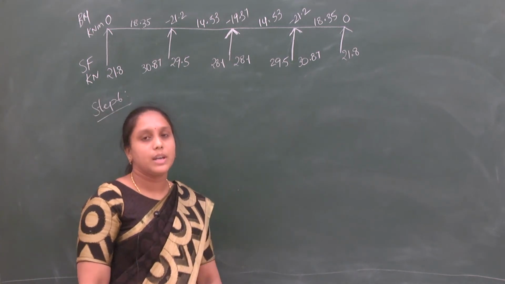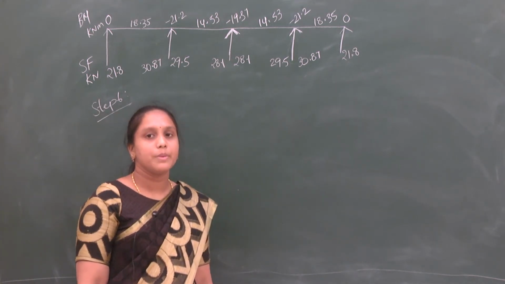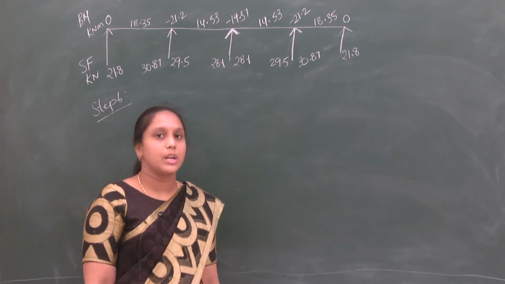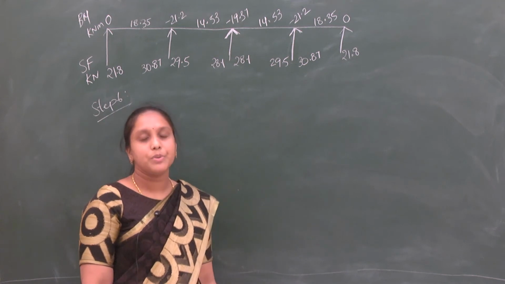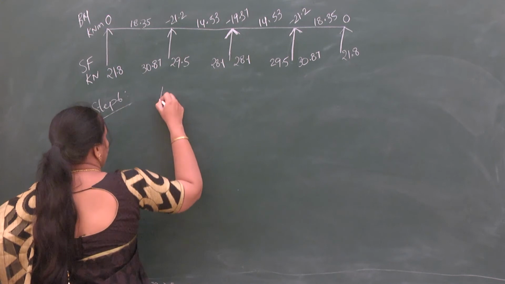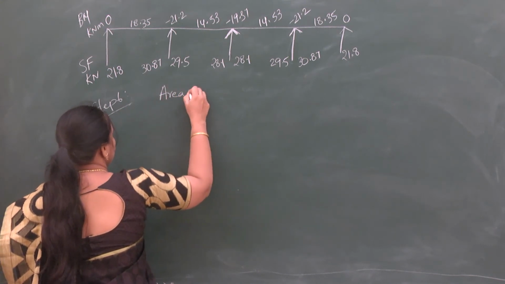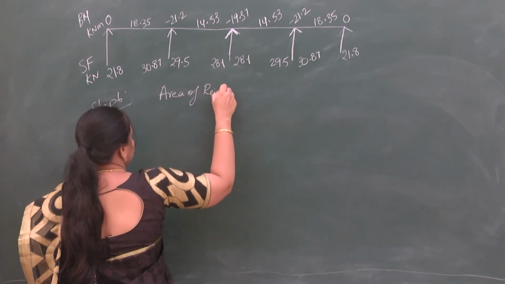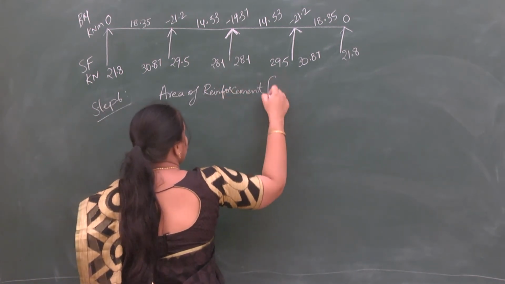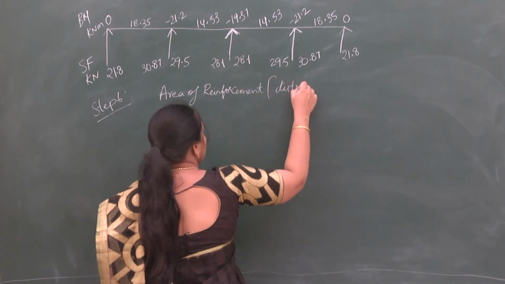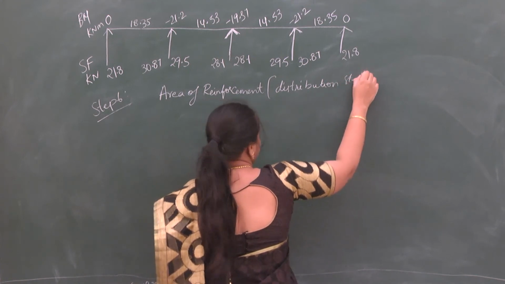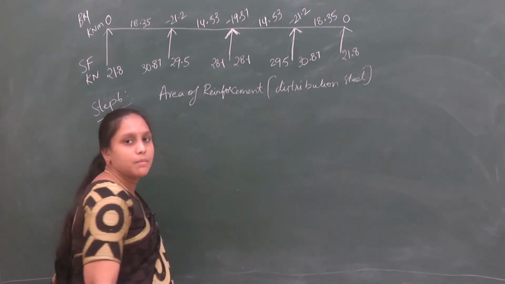Now we have calculated the main reinforcement required. Now let us find out the area of steel required for the distribution steel, or you can also call it distribution bars.